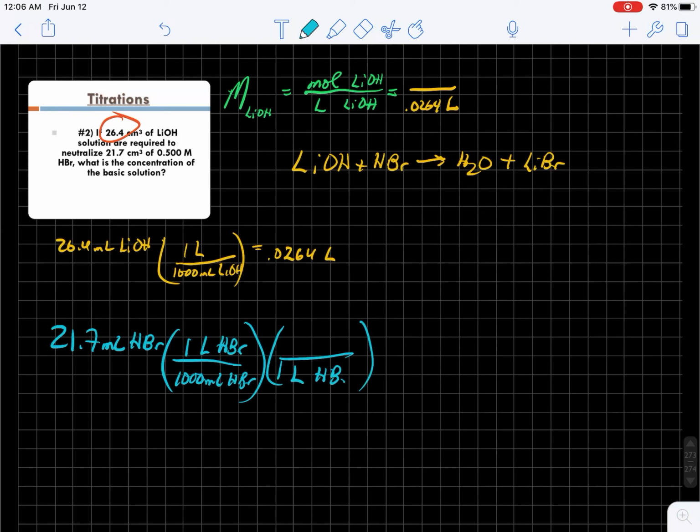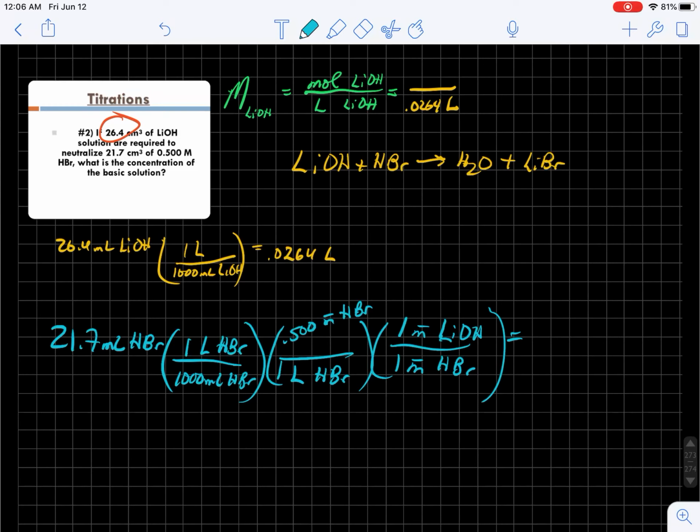So we know, based upon the molarity they gave us, that 1 liter of that acid had 0.500 moles of that acid in it. And according to the balanced equation, 1 mole of that acid consumes 1 mole of the base.